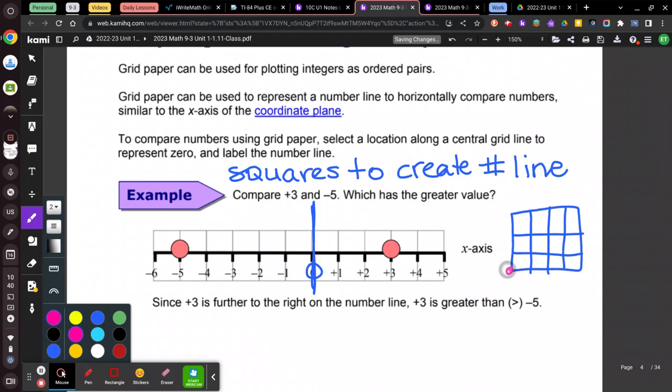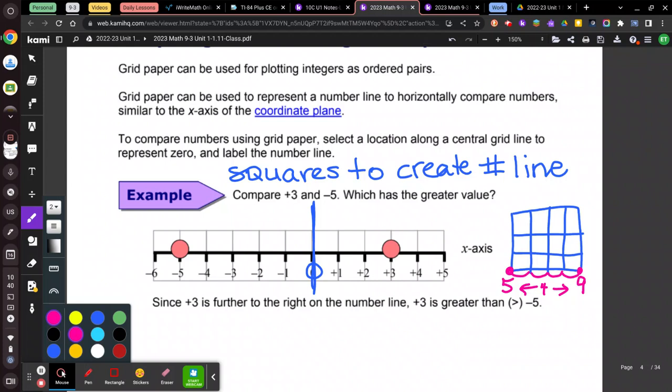So if I've got a grid like this, and I start here, I've got 1, 2, 3, 4 spaces to get to here. So if that was the number 5, this would be the number 9, and there's 4 spaces between them. I would have to travel 4 places to get to the number 9. That's what the grid paper would be showing you. It's a way to draw your number line.